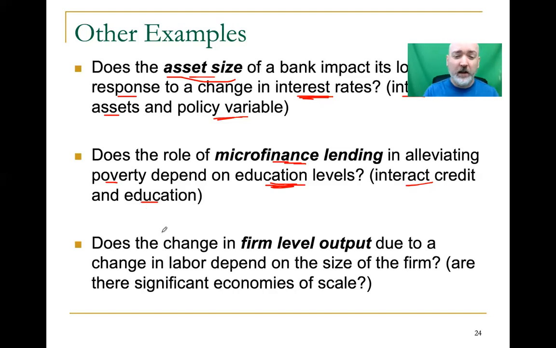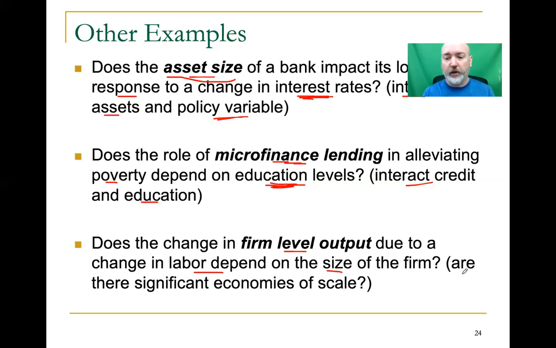We're getting the idea here. But how about one more? Does the change in firm level output, so that's our y variable, due to a change in labor, so looking at the marginal product of labor, does that depend on the size of the firm? So we would have to interact firm size with labor, and the y variable would be output.